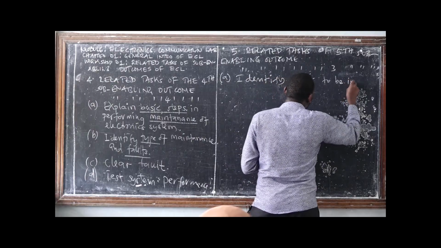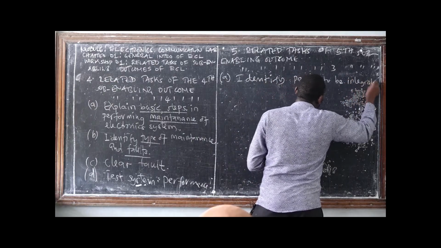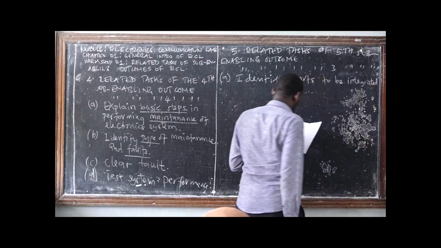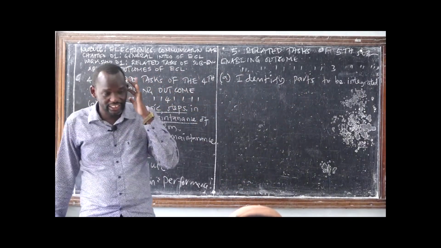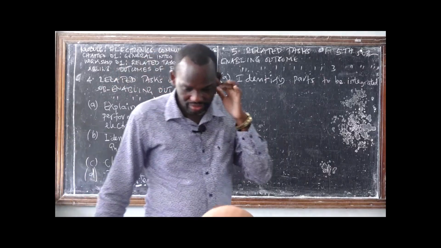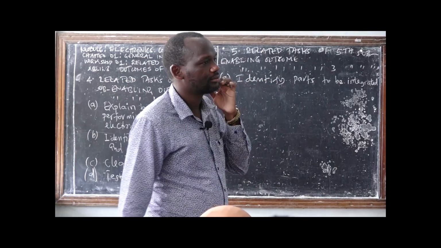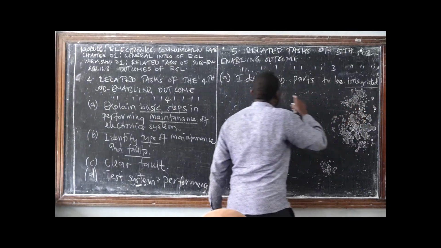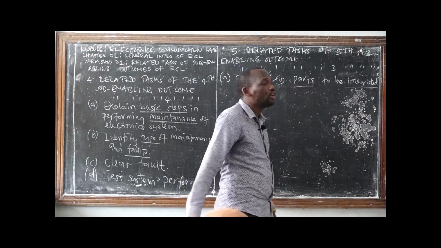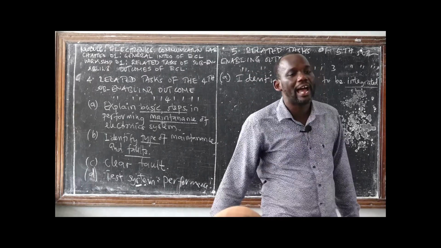Ask your neighbor, are you going to dream the word identify? So identify parts to be integrated. Read 1, 2, 3, identify. So before you connect them, you have to identify which parts am I going to integrate, which parts am I going to connect.